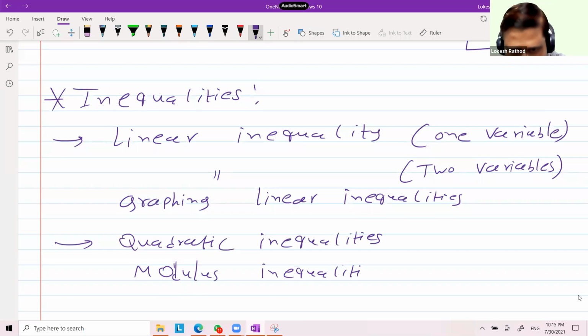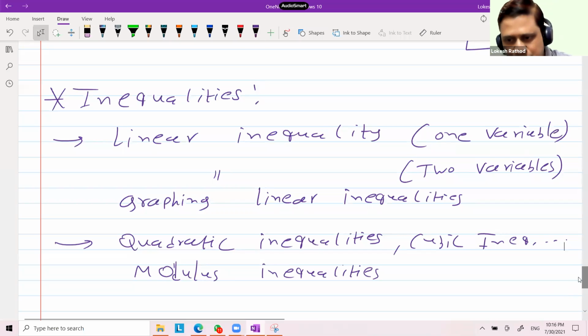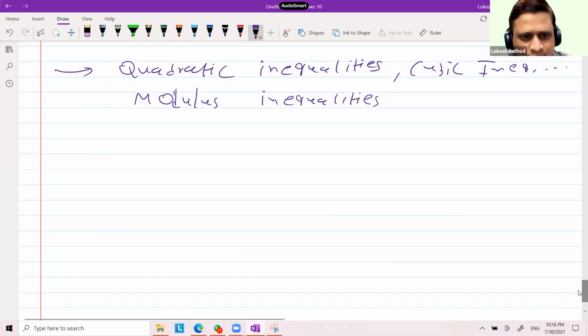Obviously not in it, in higher standards. Then quadratic, cubic inequality and so on. Okay, so this is all you are going to study. Then you will be studying logarithm, then logarithmic inequality. And application of inequality is there in calculus, functions, right?